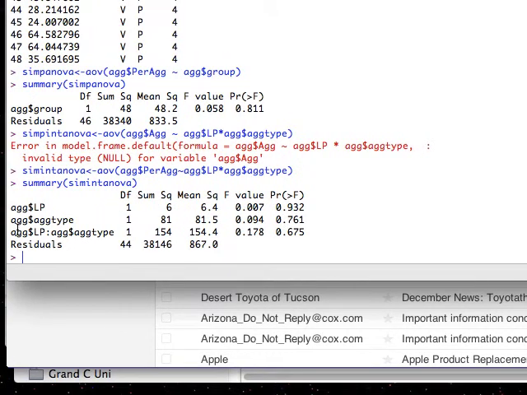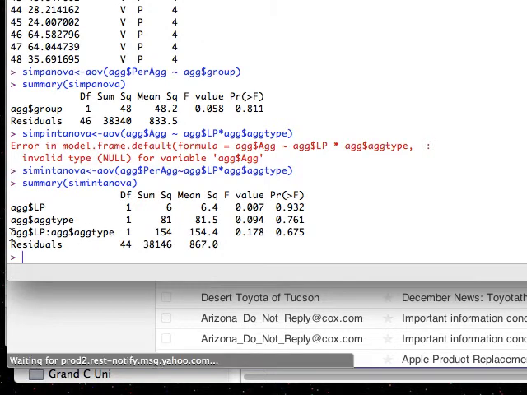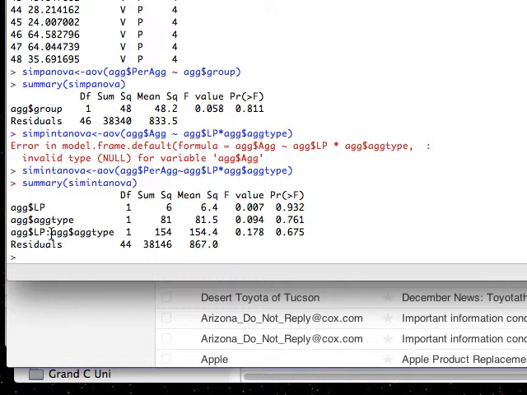But then it also does the interaction comparison. So it asks, is Lois verbally aggressive more than Peter, or is Peter more totally aggressive than Lois?